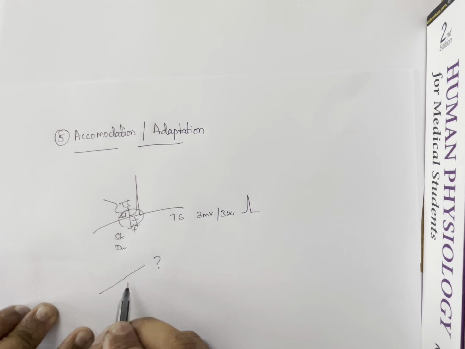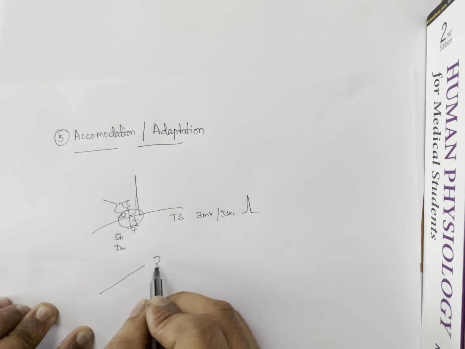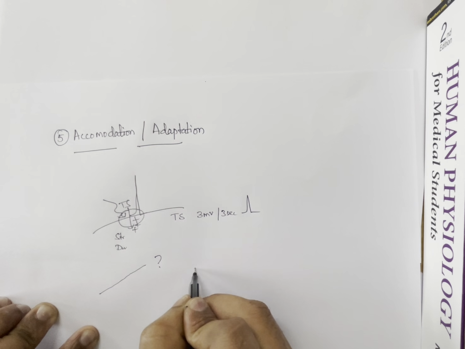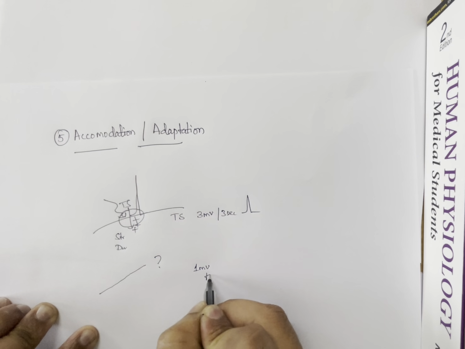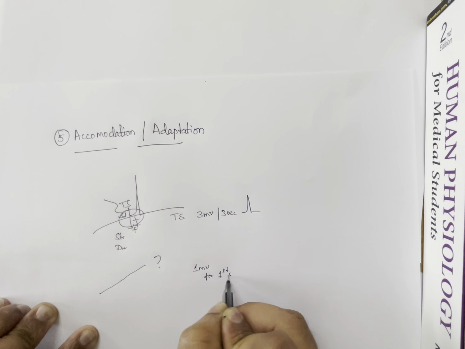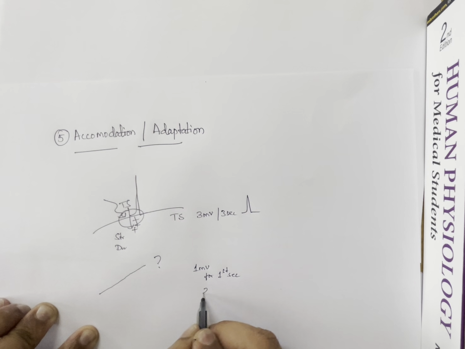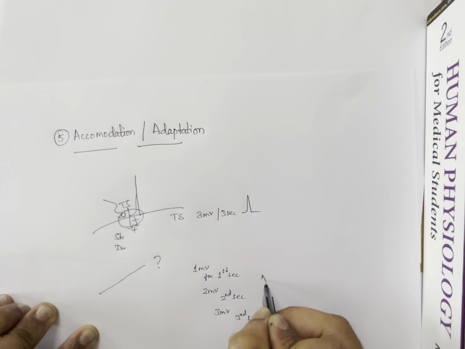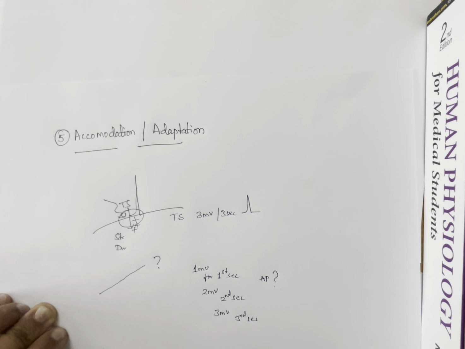Now in this hypothetical, slowly if you increase the strength of the current, that means you applied 1 millivolt current for the first second and you applied 2 millivolt current for the second and you applied 3 millivolt current for the third second, whether there is action potential generated.